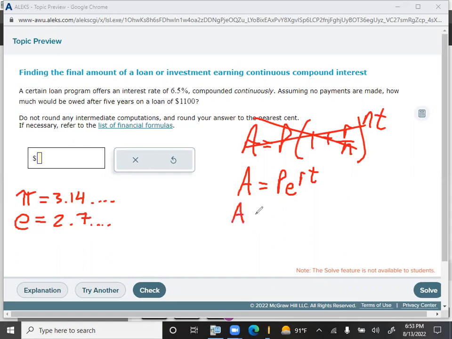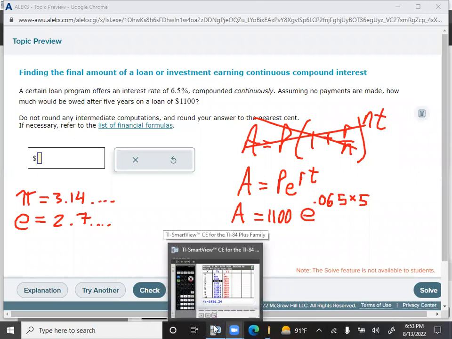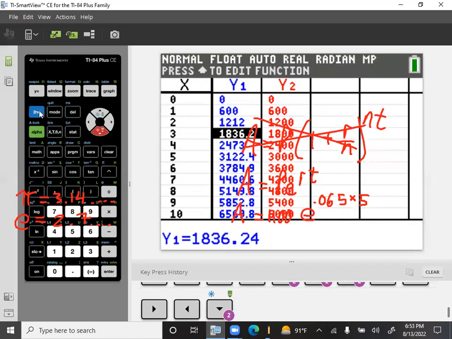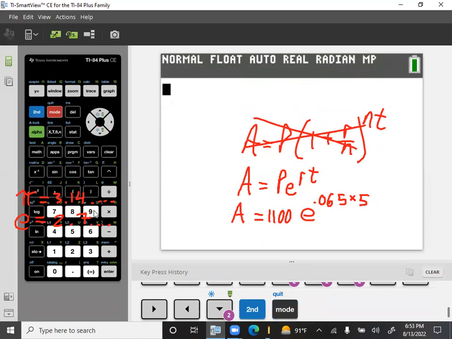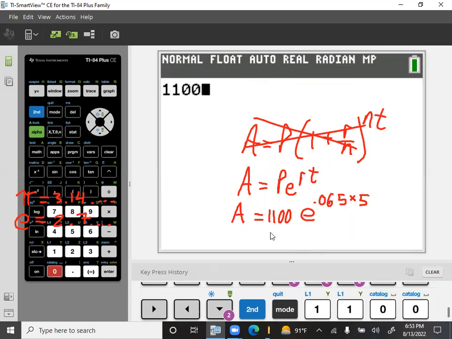So we want to know, if we start with 1100 and the interest rate is 0.065 or 6.5%, and we do this for 5 years, then what's it going to be? So we're going to go to the calculator and say 1100. Now this e, the calculator does it.